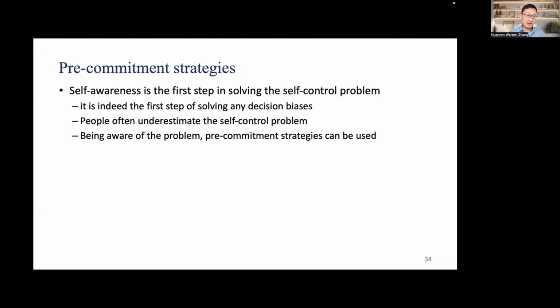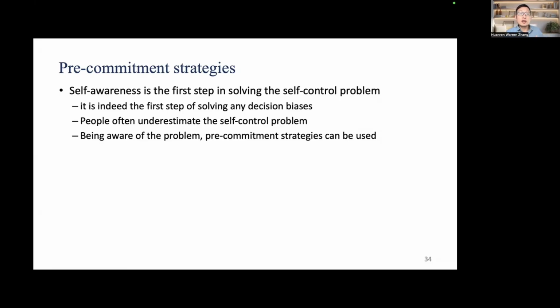As we mentioned, the mother of all biases is probably overconfidence. Well, it's because overconfidence will make us not able to be aware of all the other biases we have. We always think that we can make reasonable decisions absent of all kinds of biases, right? So that's why the awareness of those biases is the first step of correcting those biases.